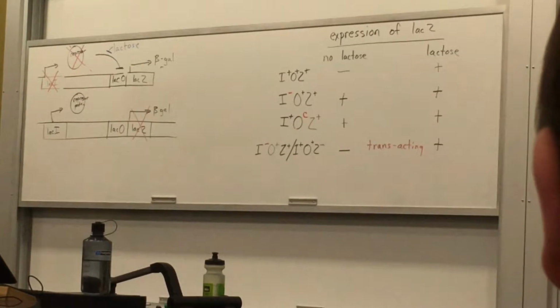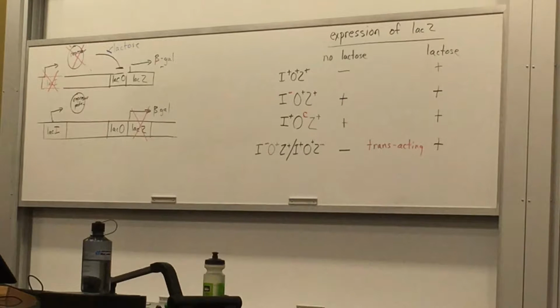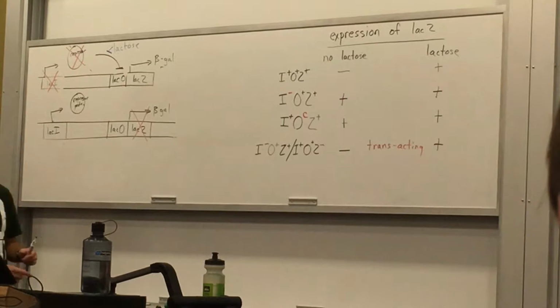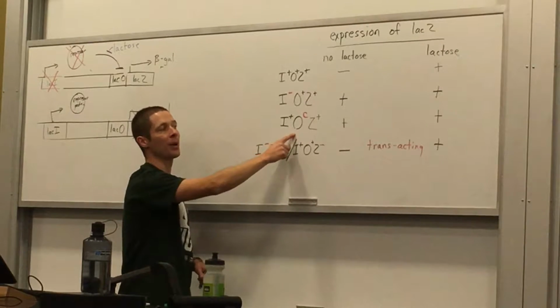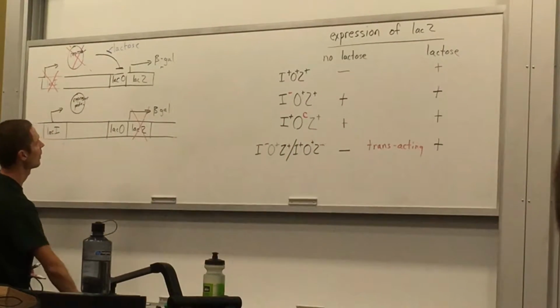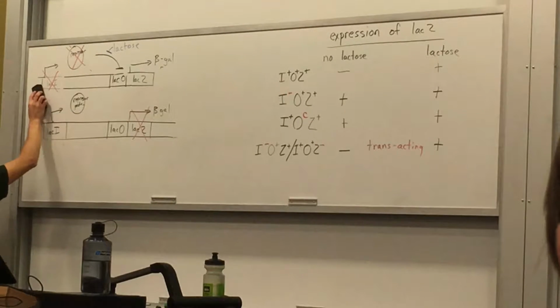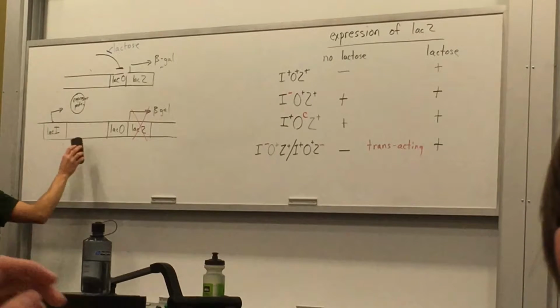Why do we care? Okay, let's go back to what happens when we mutate the operator, and let's look at how it behaves differently from what happens when we mutate the repressor. So remember, when it's just the mutated repressor or the mutated operator by itself, we get the same phenotypes. Okay, so now let me try to combine some of this.